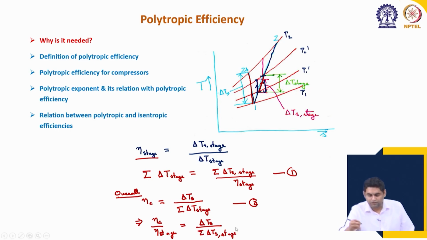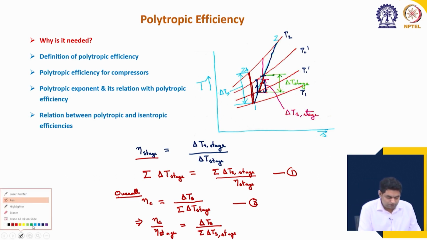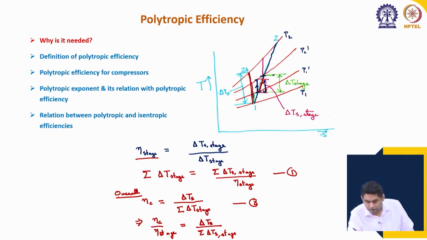So, the overall isentropic temperature change going from 1 to 2s and the sum of the individual isentropic temperature changes, let us say going from here to here, then here to here and this.